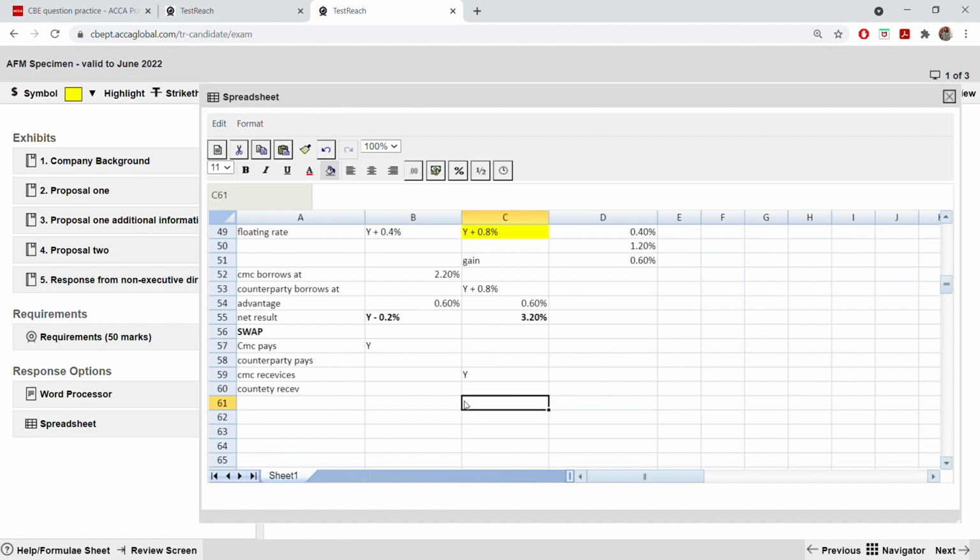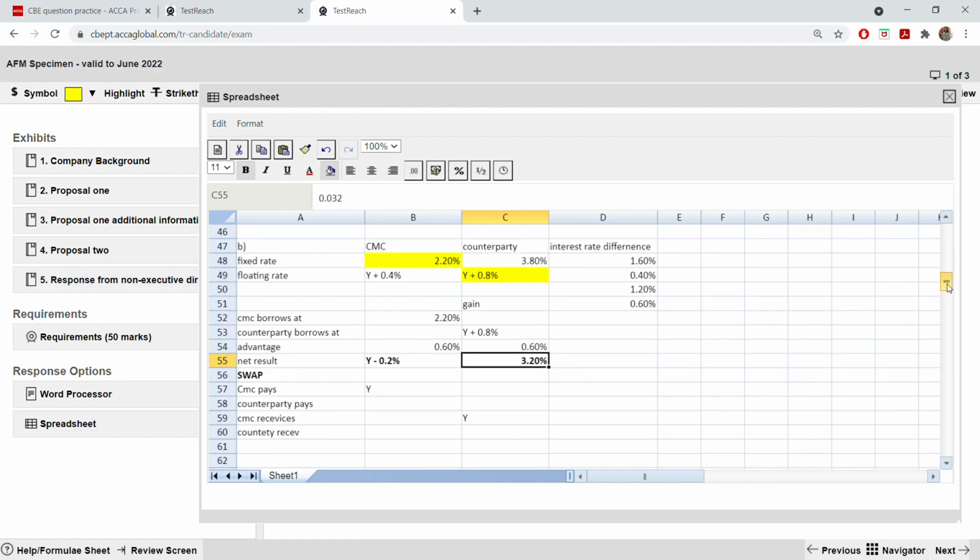Now the fixed versus variable. Who is paying the fixed? Counterparty. So from counterparty's point of view, we have to calculate. How are we calculating the fixed rate? It's 3.2. So you see, they are borrowing at a floating rate, the yellow one, just after swap, Y plus 0.8.